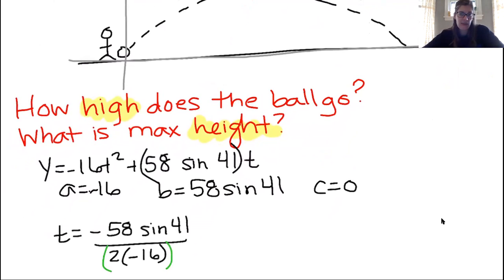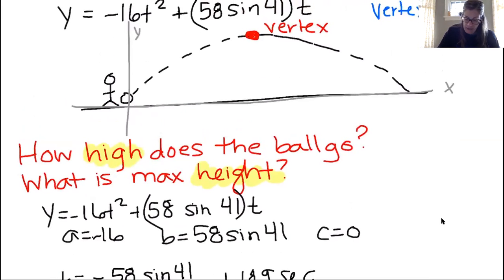Otherwise, an easy way to avoid that is to divide by negative 32. Okay, so I'm going to type that into my calculator over here. Divide by negative 32. I get something like 1.189. See if you can get that, 1.189 seconds. So that's telling me at the vertex, t is 1.189 seconds.